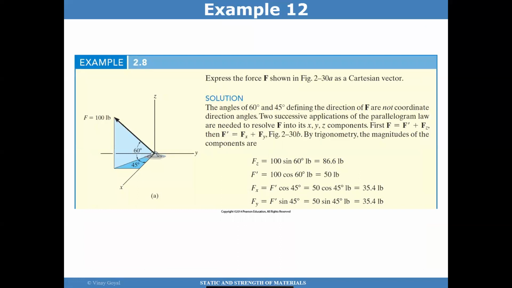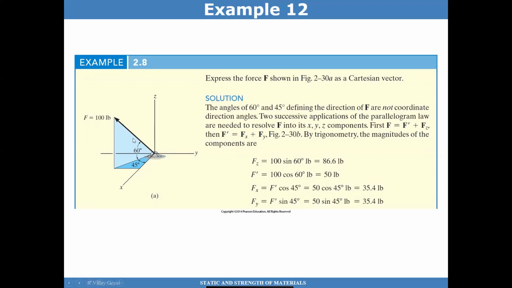And so I can now move to example 12. They're again very similar problems. I have vector F of 100 pounds, and I know the angle to the plane given by X and Y, and the angle to the X-axis of 45. That's simply taking this vector F and projecting to Z, and then projecting into this plane, and then projecting into Y, and then projecting to X. So a very, very simple process.